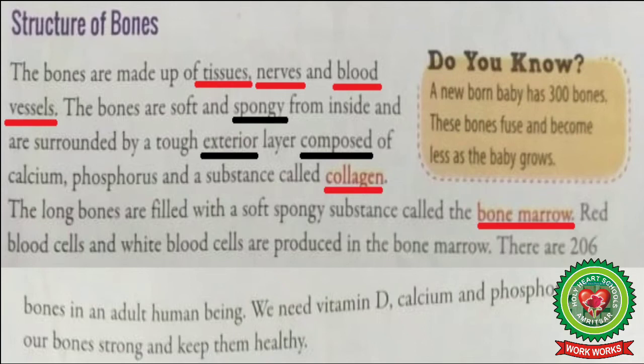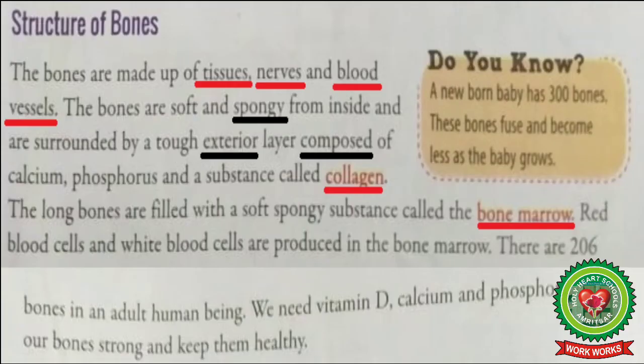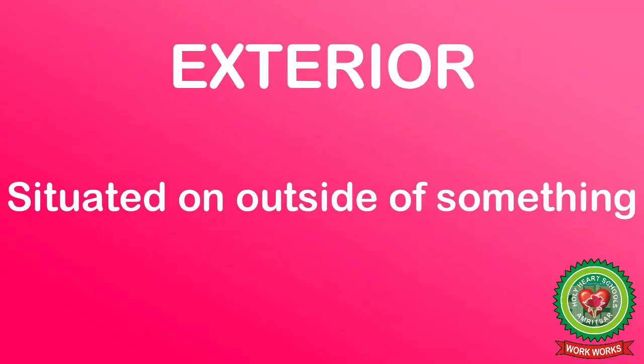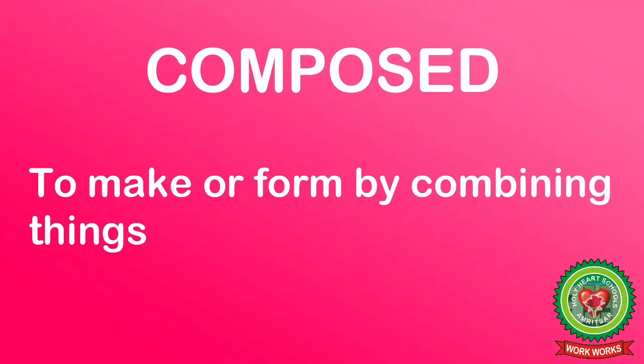Now underline the word spongy and write down its meaning: a porous and compressible substance. Underline the word exterior and write down its meaning: situated on the outside of something. Now underline the word composed and write down its meaning: to make or form by combining things.